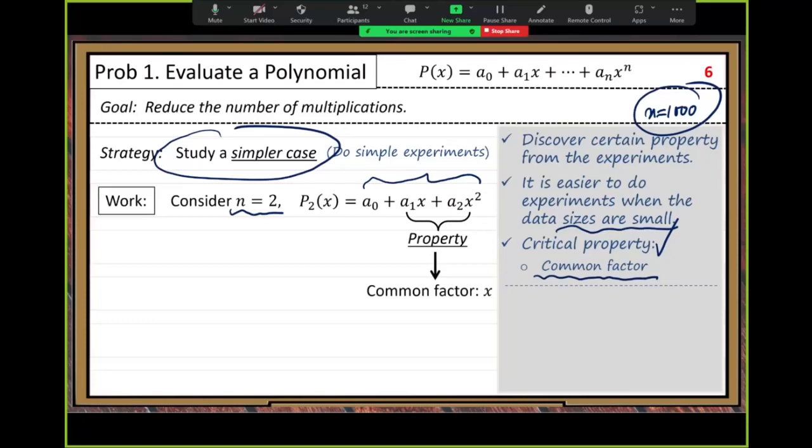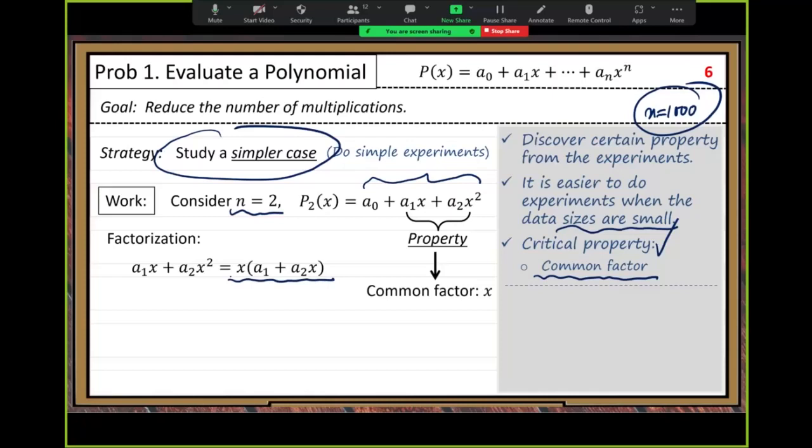We do factorization, a simple operation. So let's do the factorization on the last 2 terms. We can rewrite the last 2 terms in this new way by factoring the common factor x out.